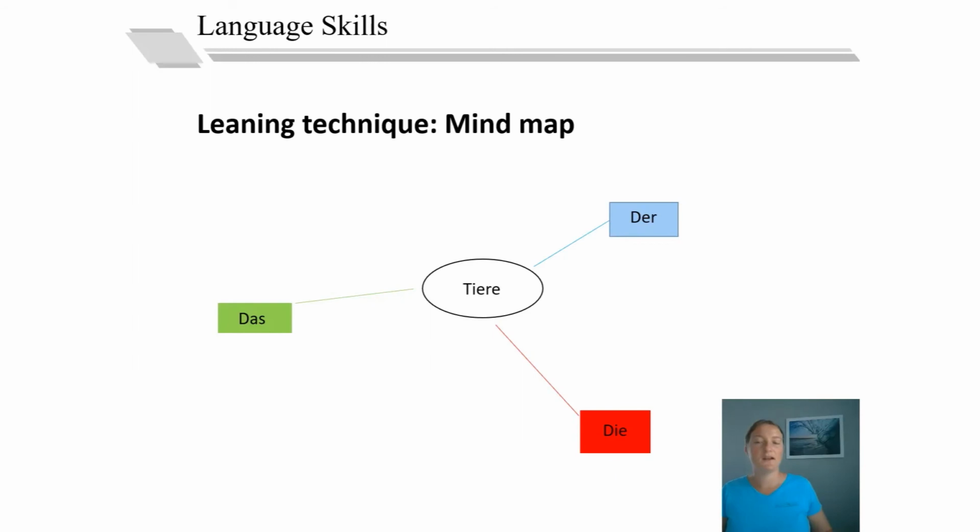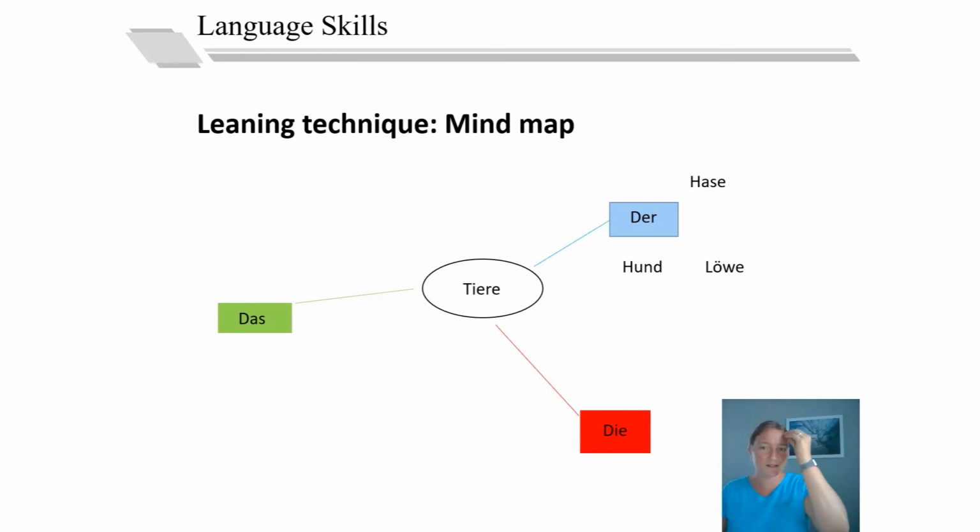And then you can add the animals which belong to the definite articles. Der Hase, der Löwe, der Hund. And here you can already see at one look that Löwe, which ends with an E, is not part of die, it is part of der.